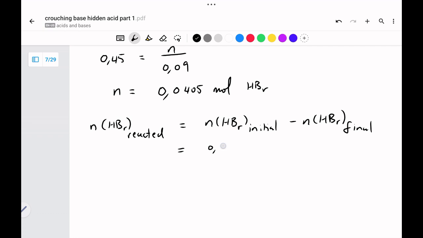And let's fill all of this in. We take that difference and get this number.